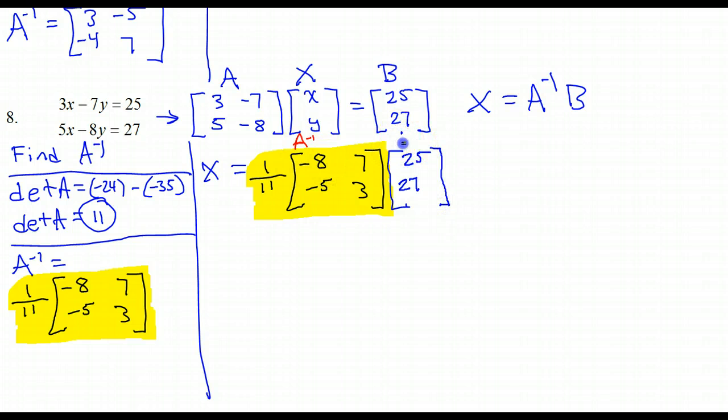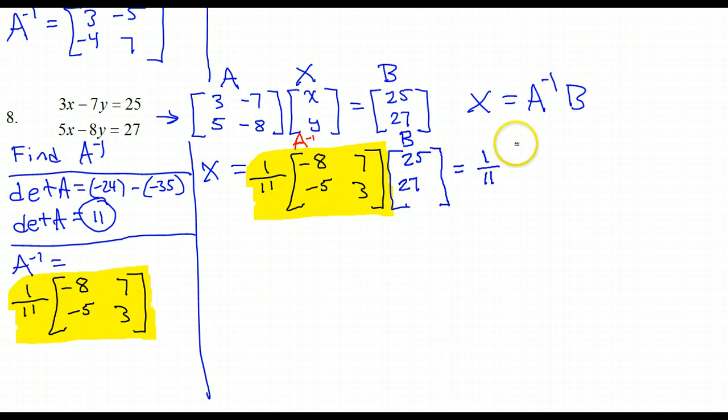So it's A inverse times B. Rather than dealing with this dividing by 11 business, I'd multiply these two matrices together first. So for right now, let's just keep the 1 over 11 out there.